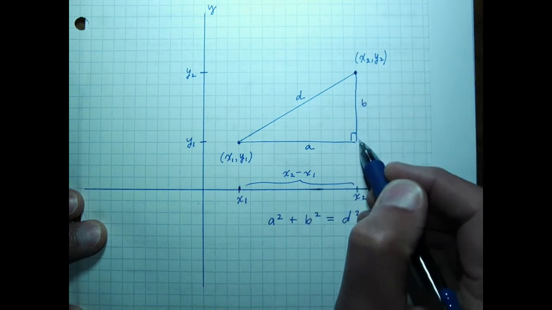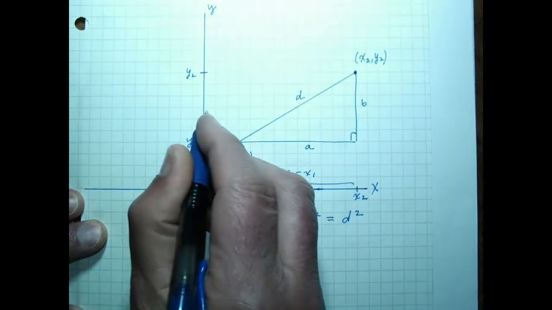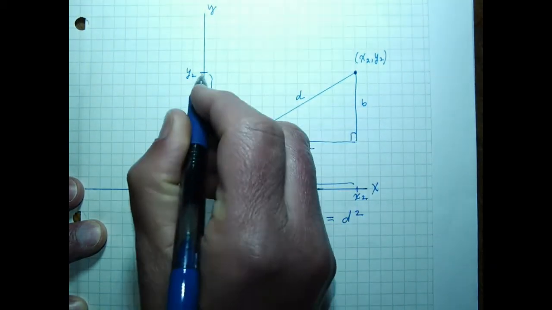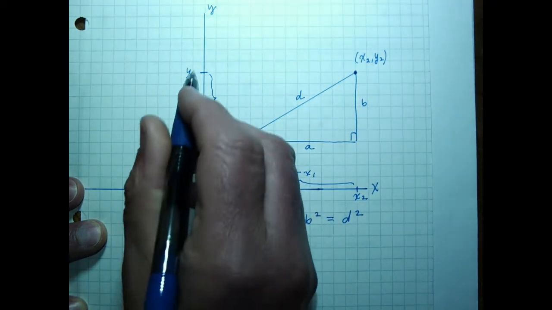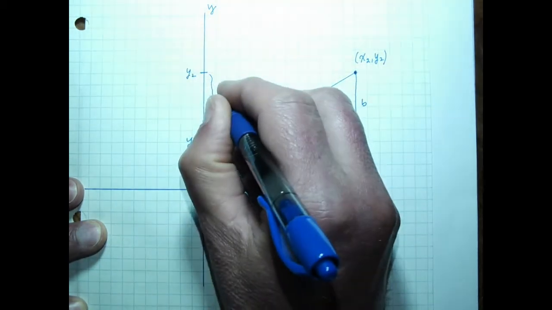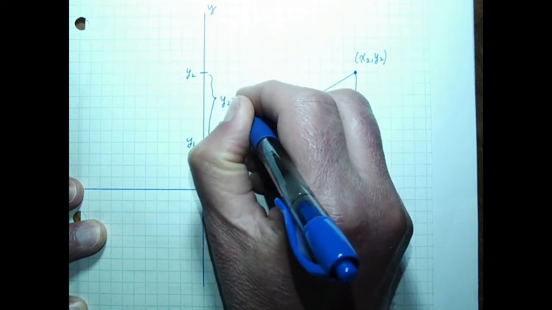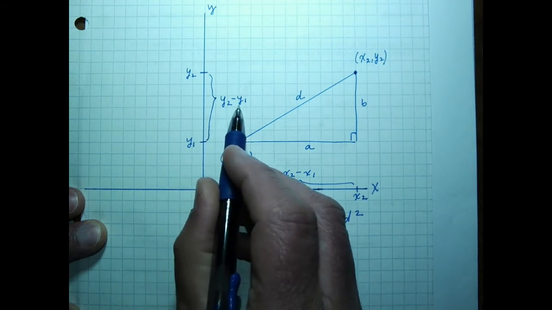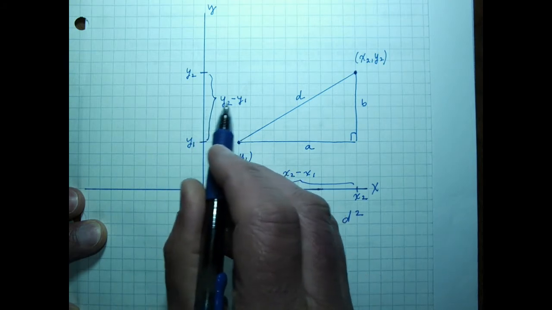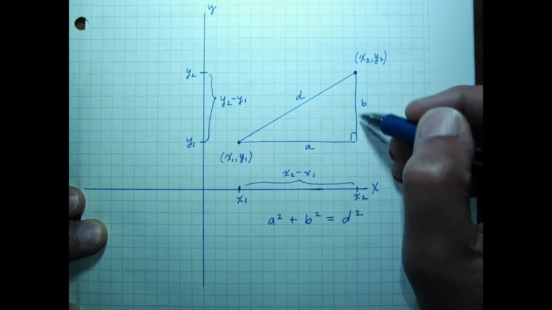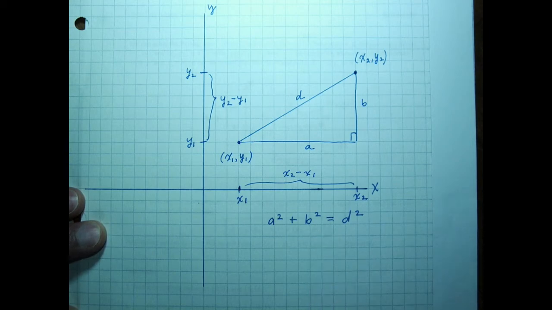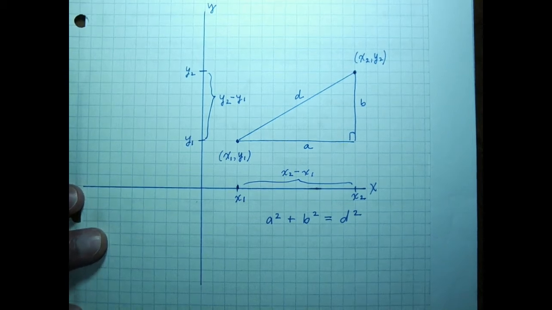And the length b, if you imagine moving sideways over to the y-axis, is the same as the distance between y2 and y1 on the y-axis, and I can get that length by subtracting the larger y value minus the smaller. So y2 minus y1 is a way to calculate that length b. So I can figure out a, can figure out b, and then we're going to use the Pythagorean theorem to get the d distance from the a and the b.